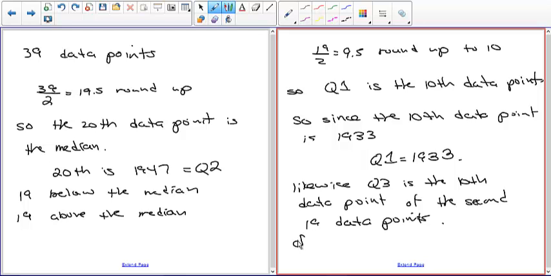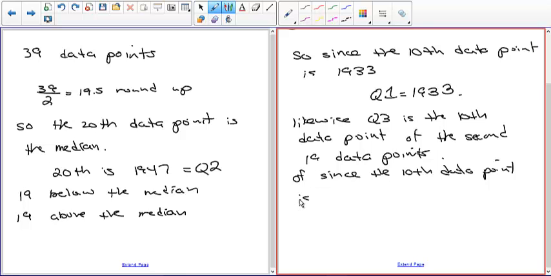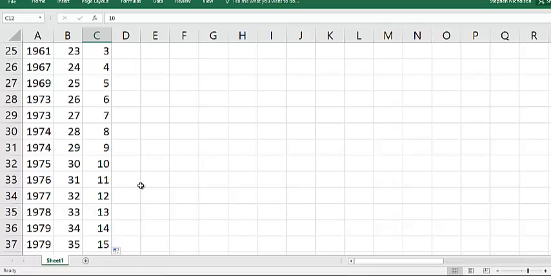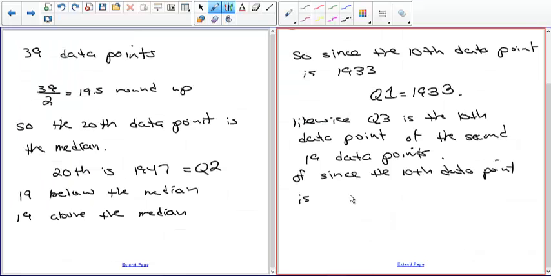I already forgot what it was: the 10th data point is 1975, so Q3 equals 1975. Okay, so that's how you do it.